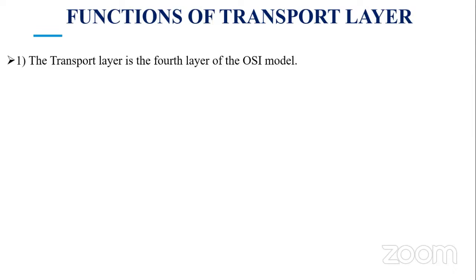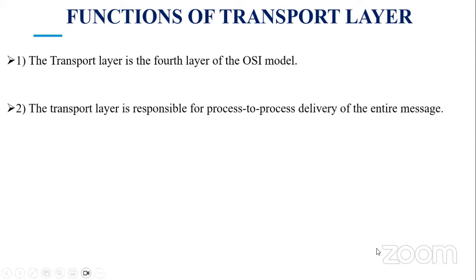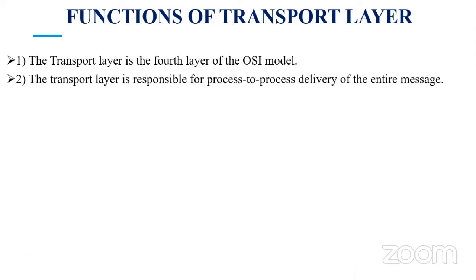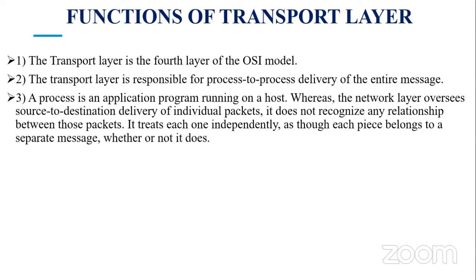What will it do? The transport layer is responsible for process to process delivery of the entire message. Transportation is nothing but sending the entire thing from source to destination correctly.